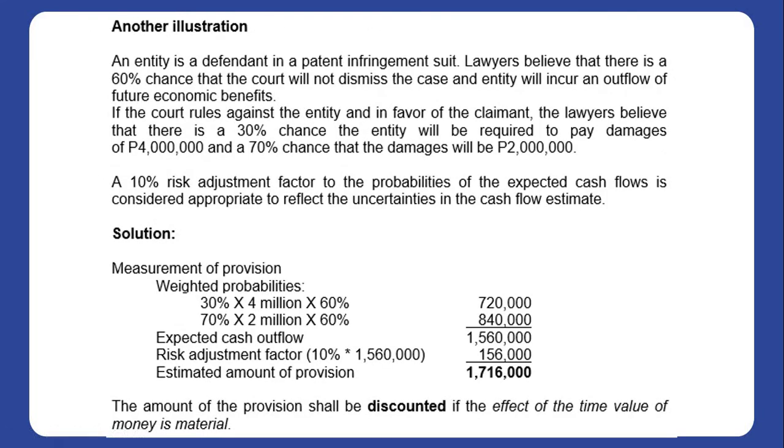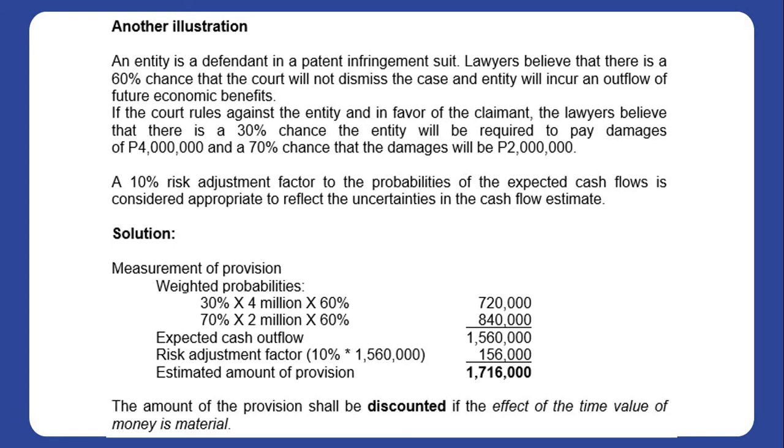Another illustration: an entity is a defendant in a patent infringement suit. Lawyers believe that there is a 60% chance that the court will not dismiss the case and the entity will incur an outflow of future economic benefits. Take note that 60% chance, okay, meaning it is probable that the entity as the defendant will lose the case.